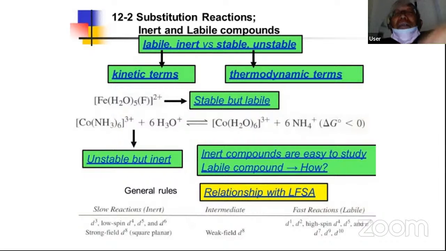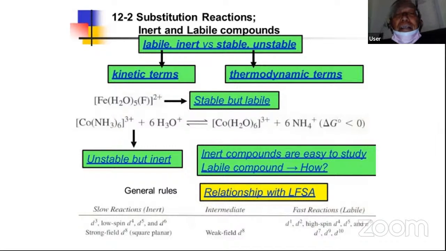So you now have a situation where the product is hexaaqua. Inert compounds are easy to study because they are stable. Labile compounds depend. Some labile compounds react so fast that they are difficult to study. Some labile compounds react at a considerable rate, and you can still study them.